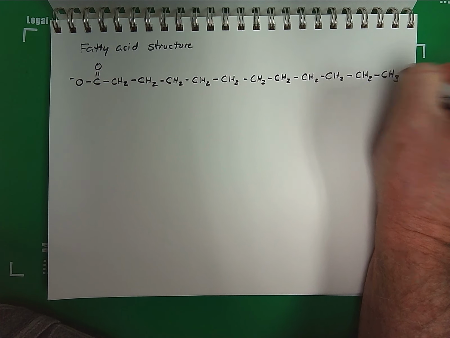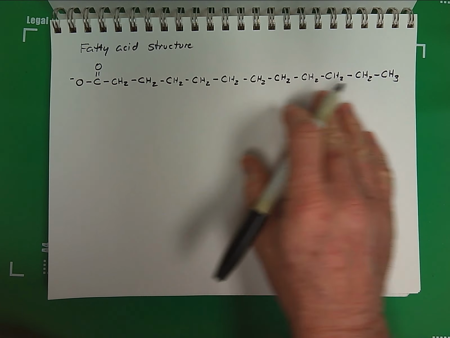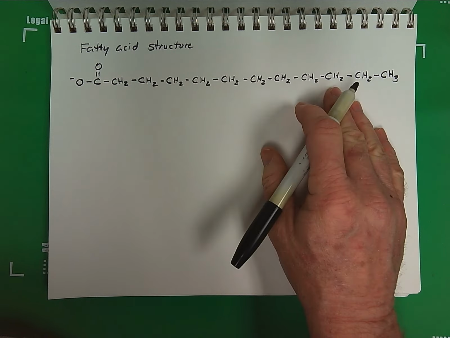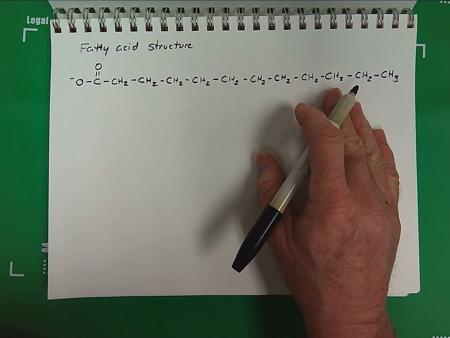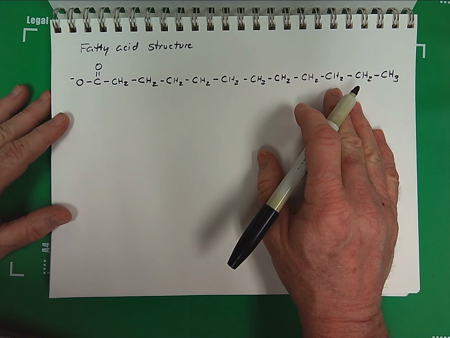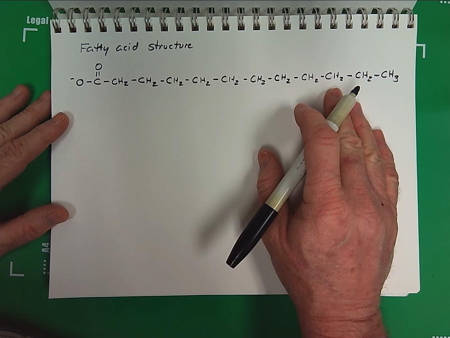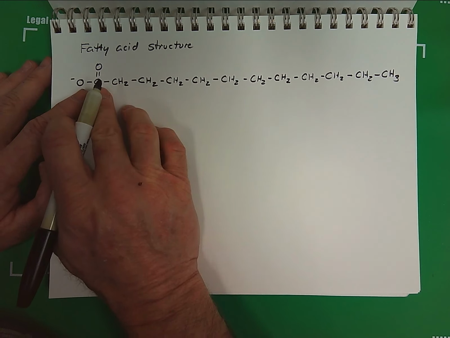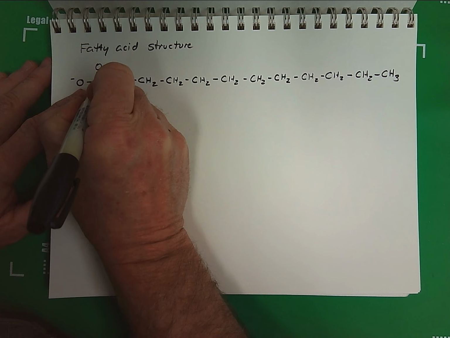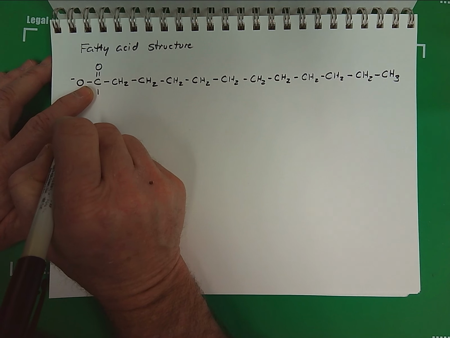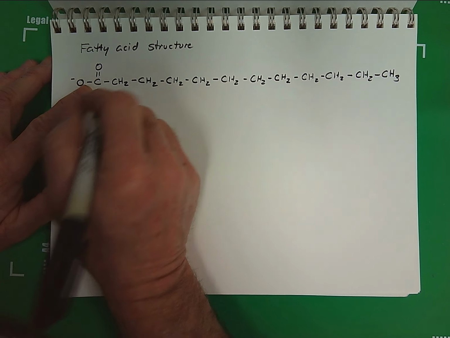Now I'm just drawing here a number of hydrocarbon residues, in order to get our nomenclature correct. So the first carbon, the number 1 carbon, is considered the carboxylic acid carbon.